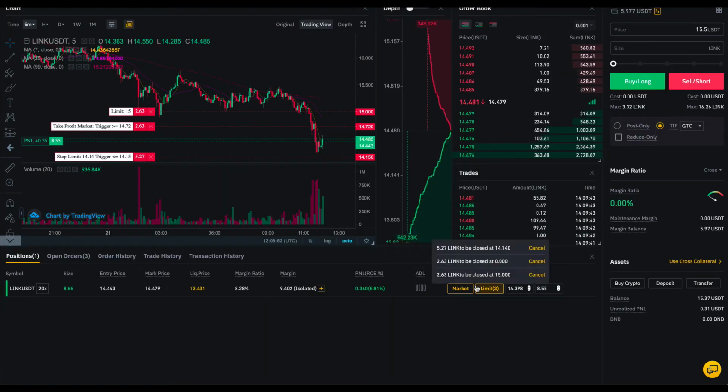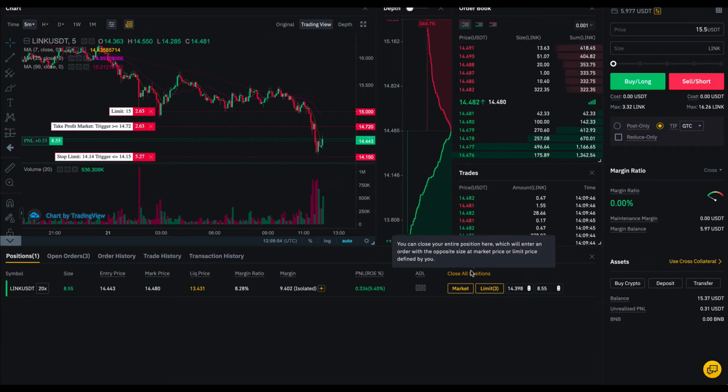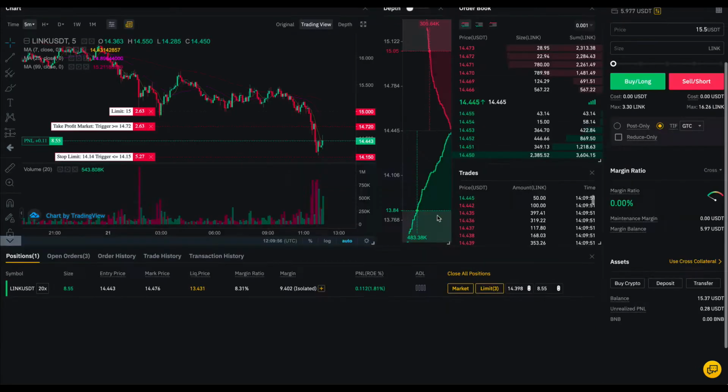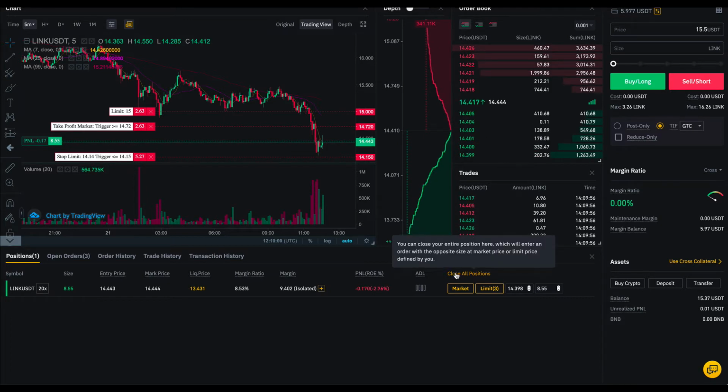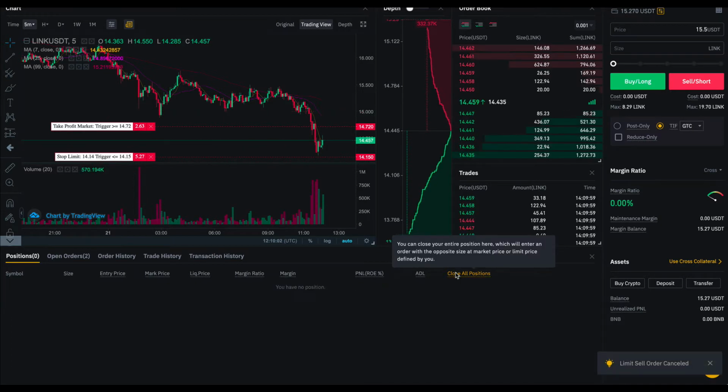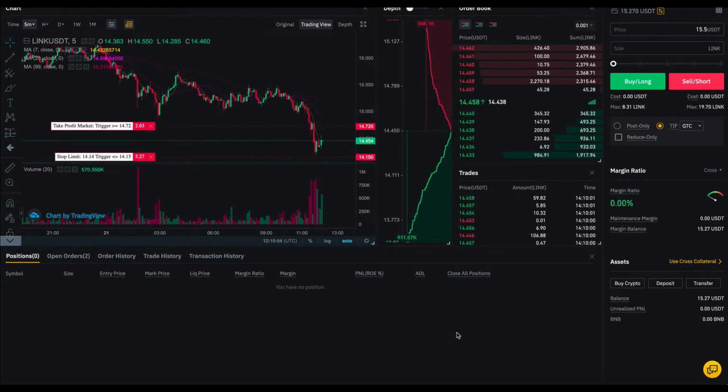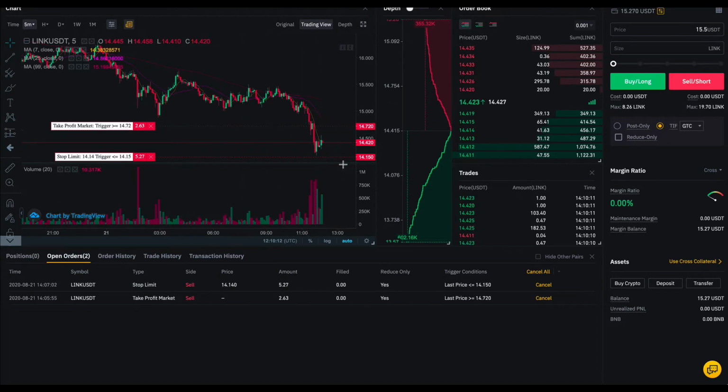Okay, so the quickest way to get out of everything is just hit close all positions. Confirm. It will take everything out. It takes its time sometimes. I mean, that ultimately probably ended up in a loss. What you need to remember is if you've still got your limit orders, you have to manually cancel them.